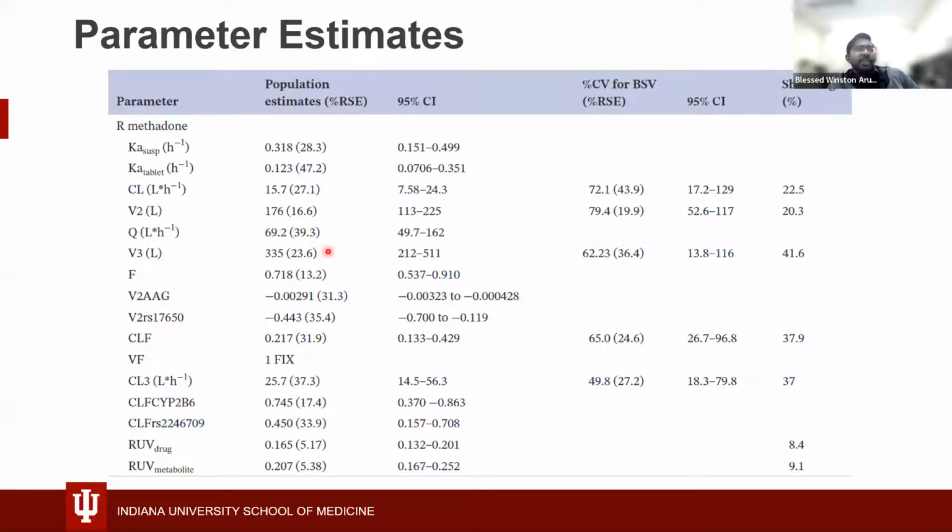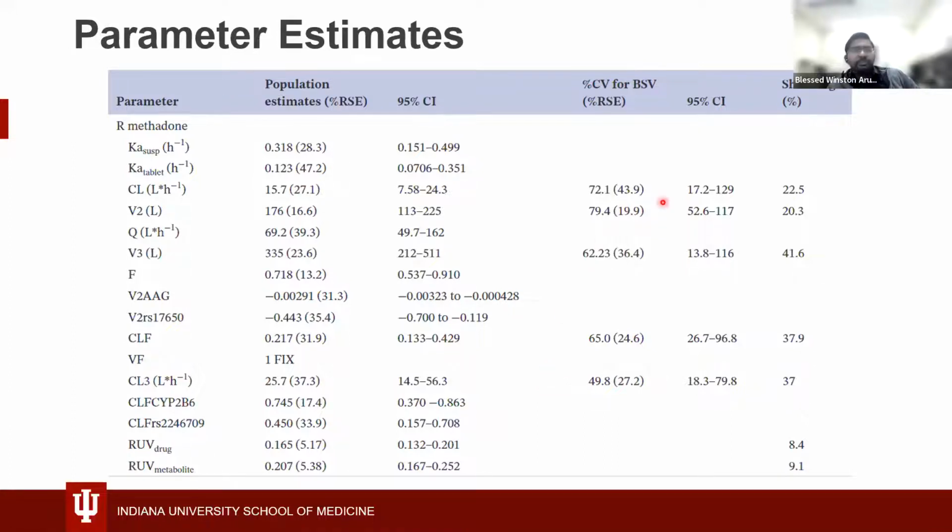And you could see the covariate effects. This looks very small, but it's significant because it's multiplied with the AAG concentrations. So these are the effects of the covariates we saw.